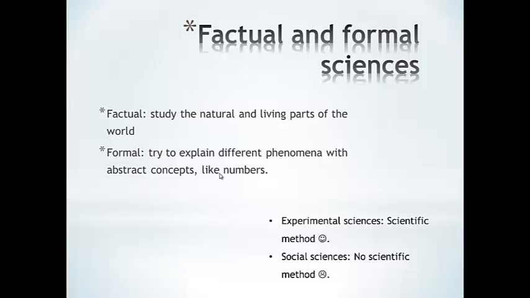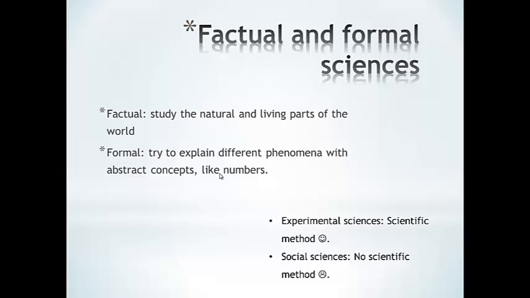And inside these two groups, we can find the experimental sciences and the social sciences. The experimental sciences, the most basic thing about them is that they use the scientific method to prove different hypotheses.